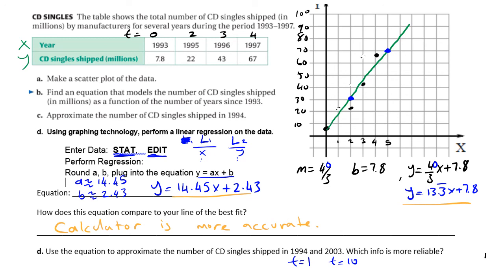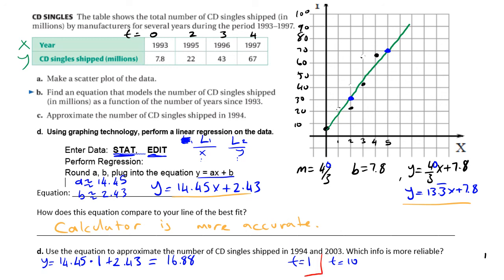Calculating f of 1, in this case the function y is equal to 14.45 times 1 plus 2.43. This will give us the number of singles shipped in 1994. We got 16.88.